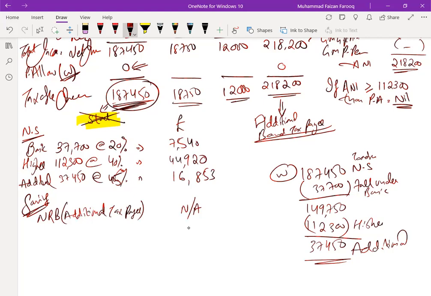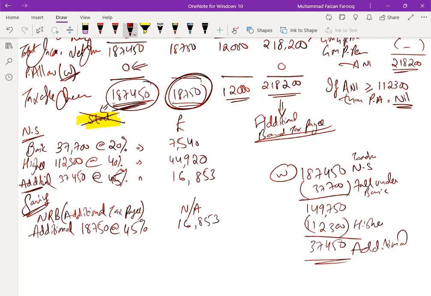Yes. We already reached the additional band in non-savings, which means there is no space in basic or higher. So whatever savings income we have will fall under the additional band. Why? Because basic and higher bands are already consumed by non-savings income. So 18,750 will be taxed at the additional rate, which is 45%.